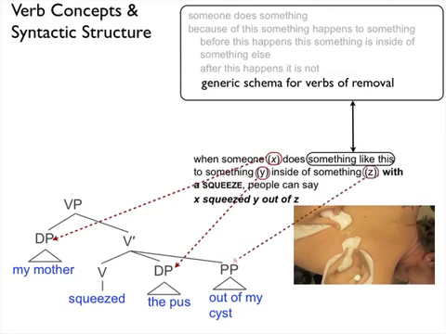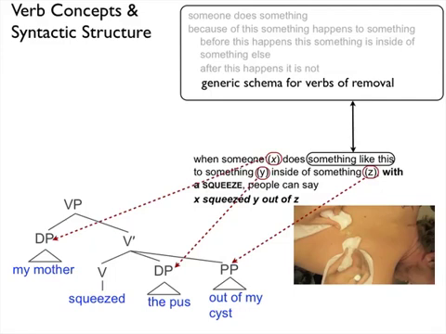But here we've got something else, right? The thing out of which something moves would be a z. So there's an x, y, and z in the generic removal schema. You don't have all of those in the milk schema. Why not? In the actual verb milk, you've got the same scenario: somebody does something, something comes out of something.